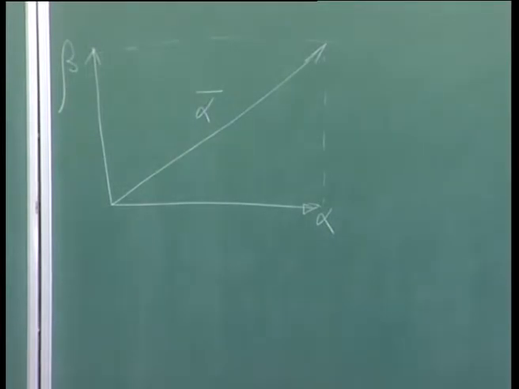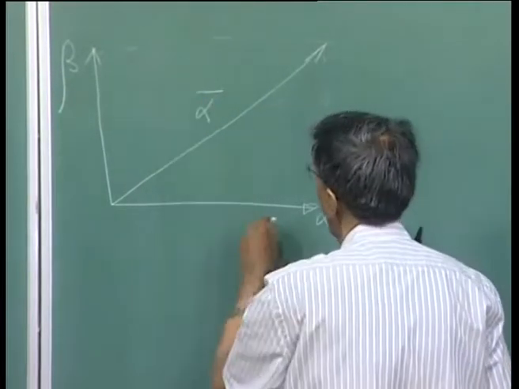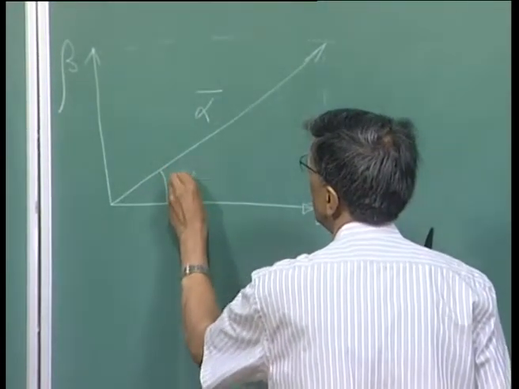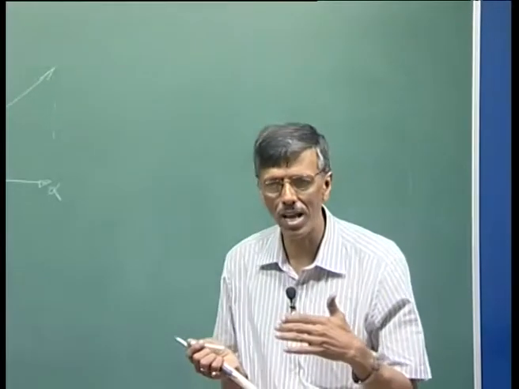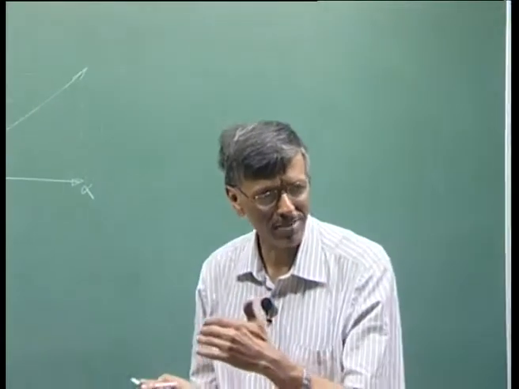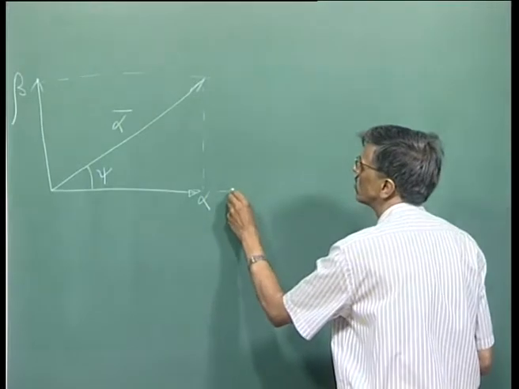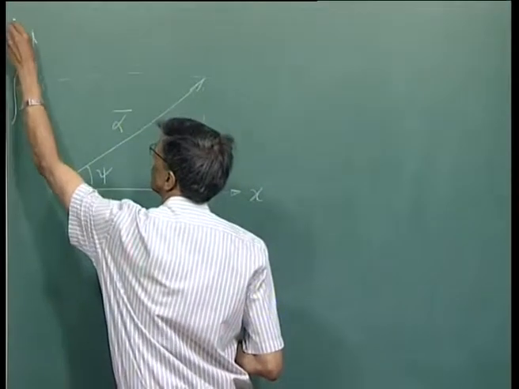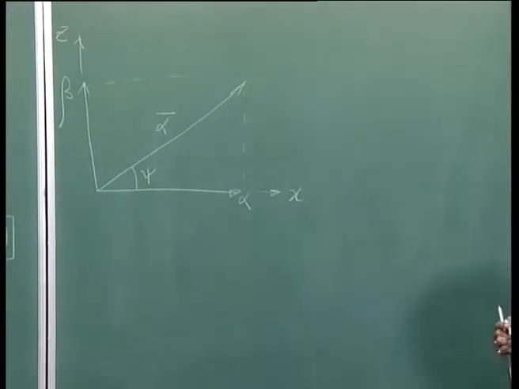And this angle subtended by alpha bar with the alpha axis, that is what I will call psi. So, psi gives me the propagation angle with respect to the x axis, because this is the x axis and this is your z axis, right.